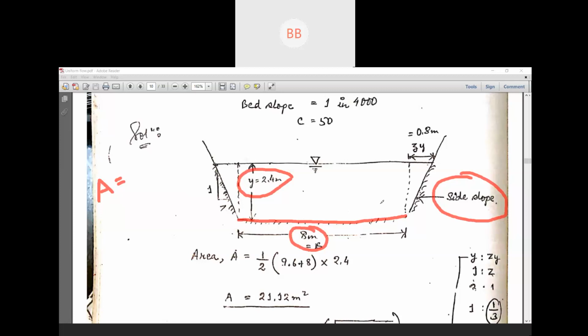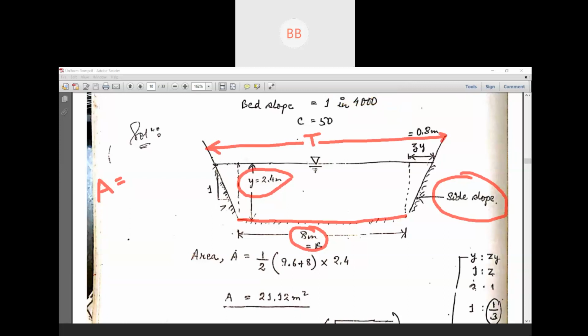When we consider a rectangular channel, the calculation is much simpler than other channel sections because the top width and bottom width in a rectangular channel are the same. Whereas in a trapezoidal channel, your bottom width and top width are not the same.